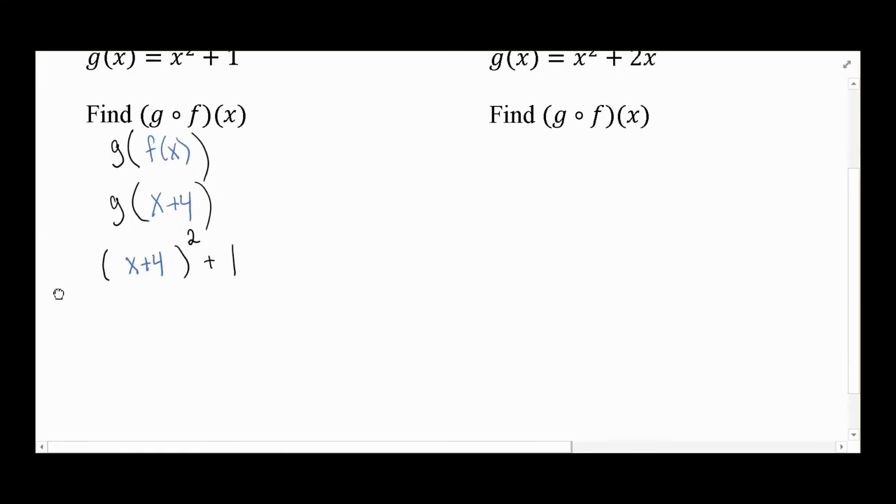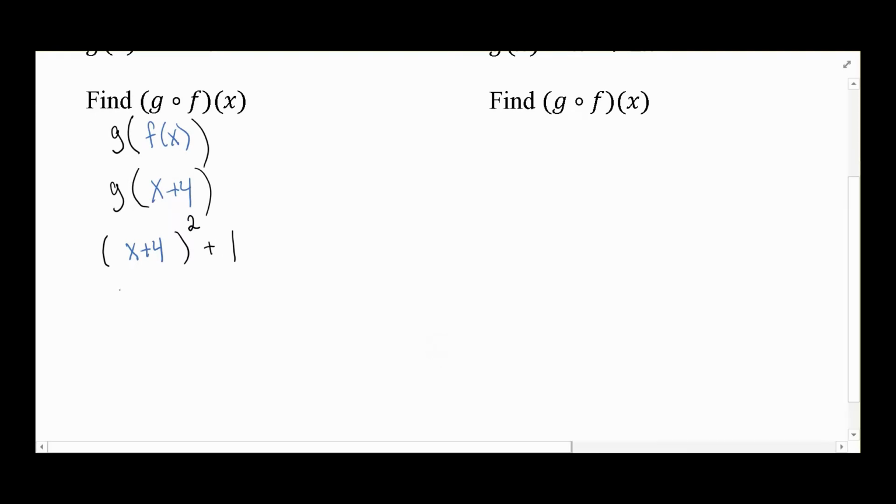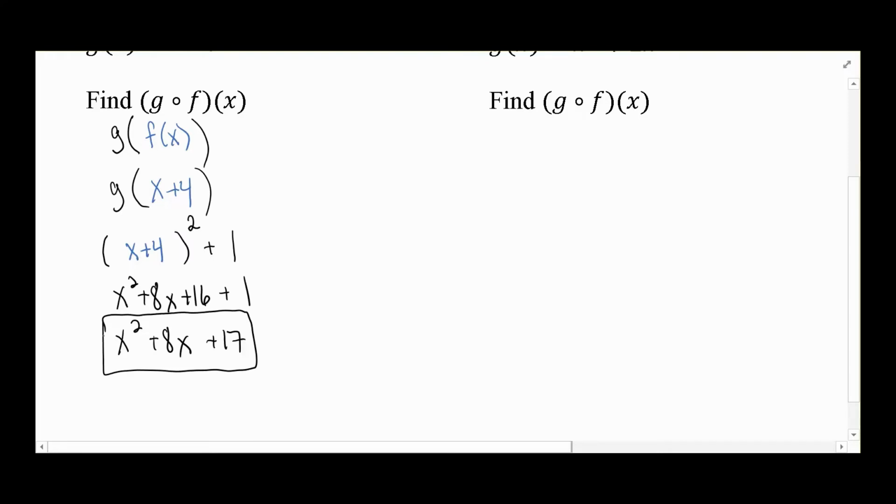So now it's just a matter of simplifying this algebraic expression. That's going to give us x squared plus 8x plus 16 plus our 1. And then we'll combine like terms. And that's the expression that we get for g of f of x.